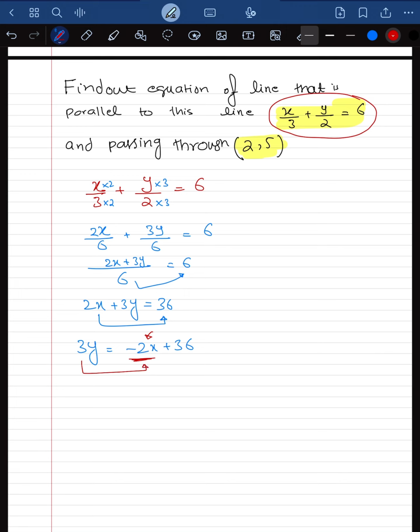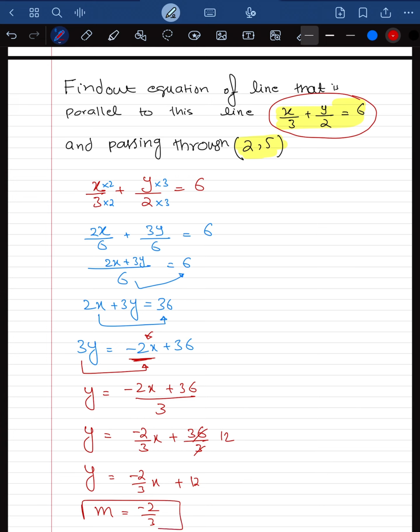Now 3 will divide all of these quantities on the other side, so the equation becomes y is equal to minus 2 by 3x plus 36 over 3. So y is equal to minus 2 by 3x plus 12, because 3 and 36 can cancel out. So from this you can find out the slope is equal to minus 2 by 3. Now we have extracted the slope from the given equation.